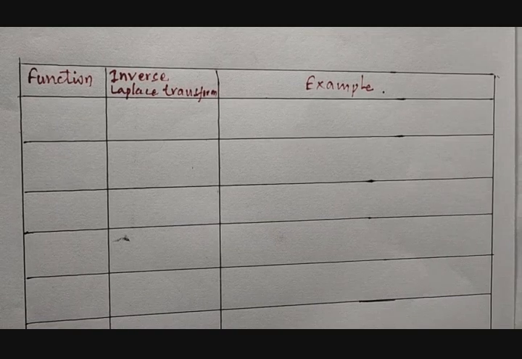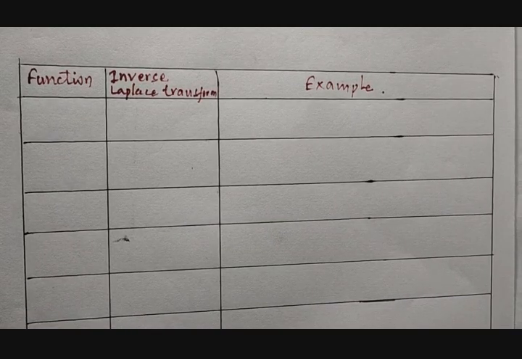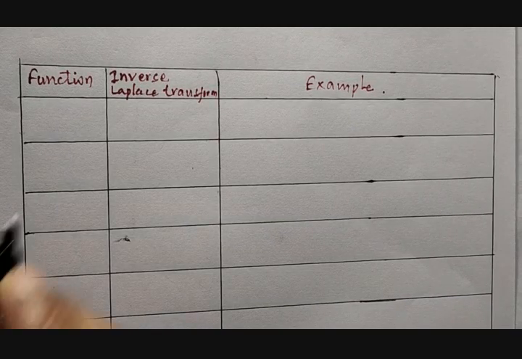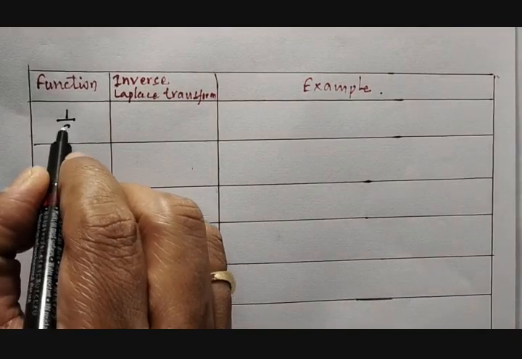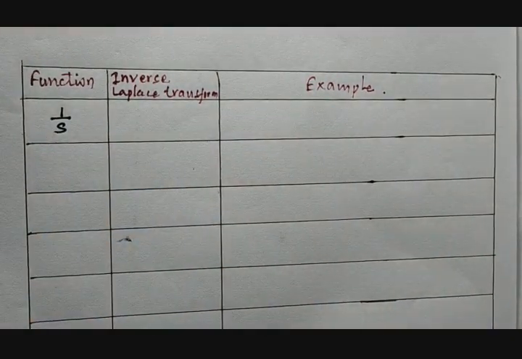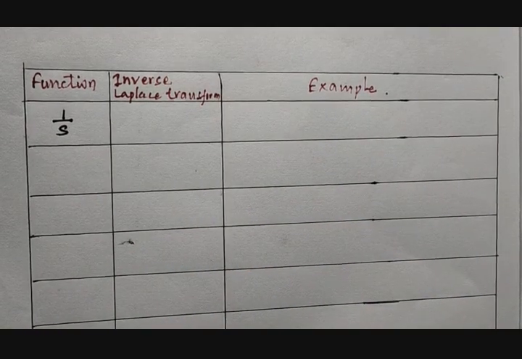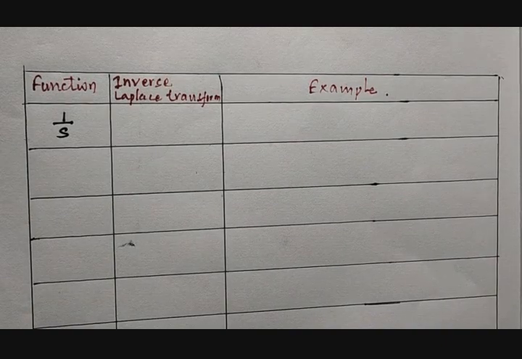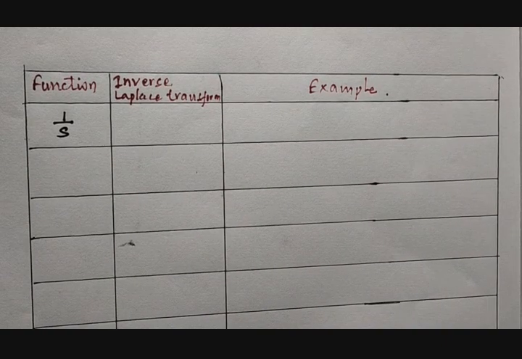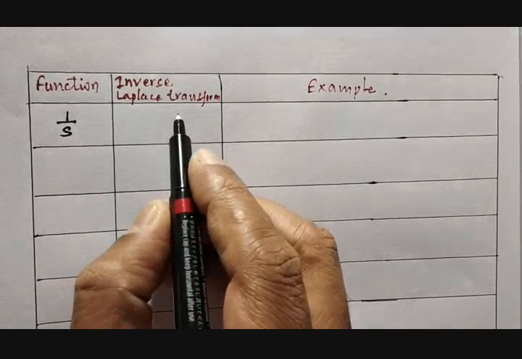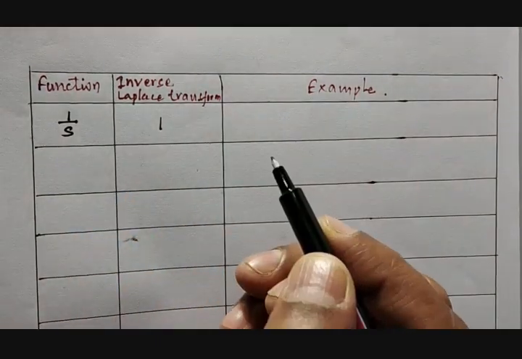So we'll take a few functions. For example, some standard functions that we already have will be taken. If I take 1 by s, then what will be the inverse Laplace transformation of this as per the definition? We know that the Laplace transformation of 1 is 1 by s. Therefore, the inverse Laplace transformation of 1 by s will be 1.